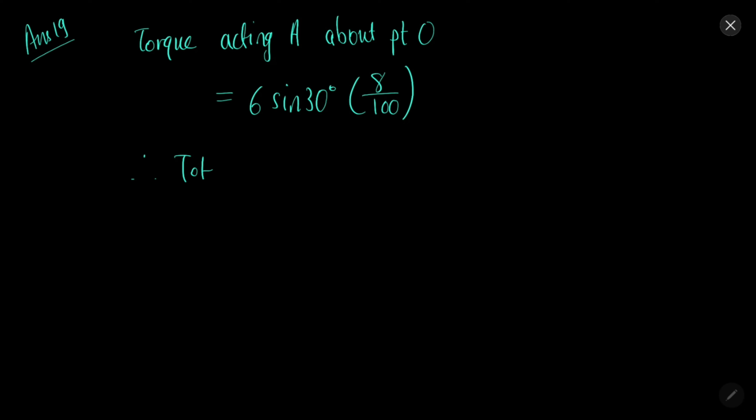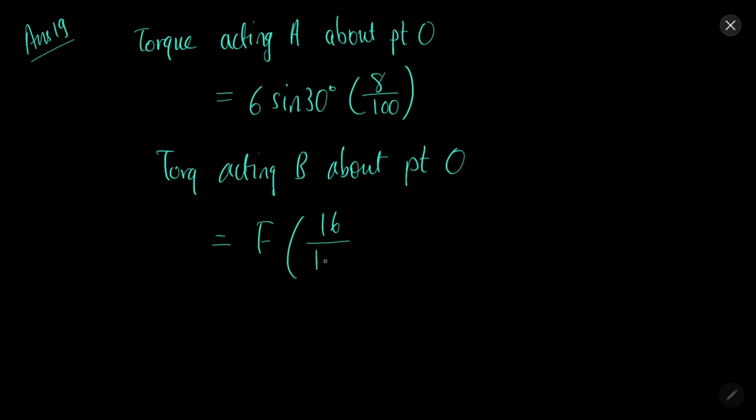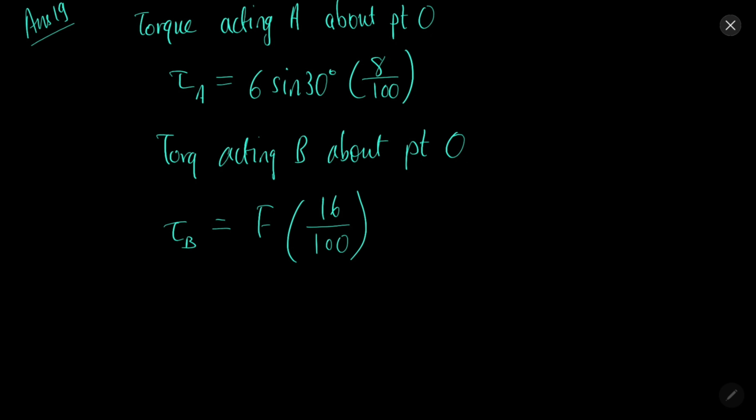Therefore the total torque required at B about point O will be F into 16 over 100, because the distance increases. So this is one torque and this is another torque, and these should be equal so that the wrench can move.